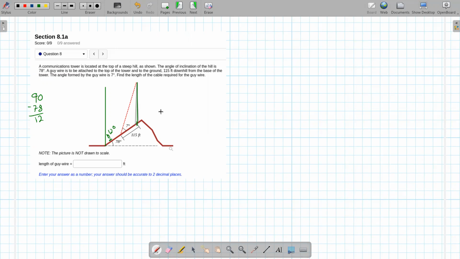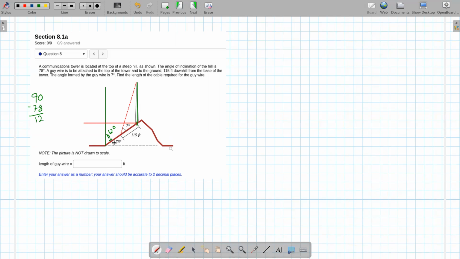So maybe that line isn't the one I want. Let's draw another line. So this point is important. So I'm just going to draw a parallel line to the ground here. Okay, that might be more helpful.